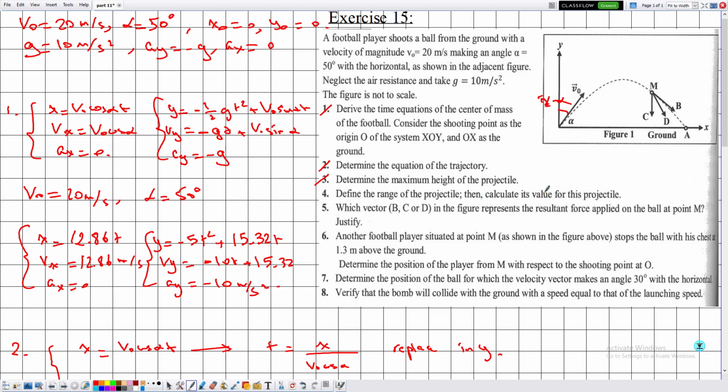They are telling me define the range. So we need to define the range of the projectile, then calculate its value for this projectile.